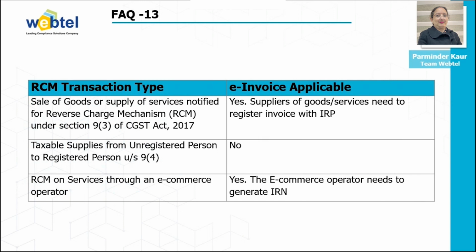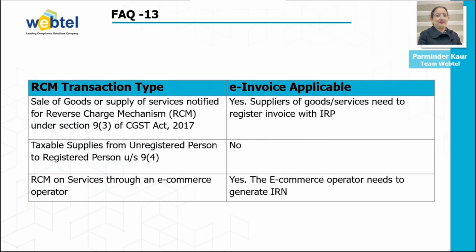Such sale is made by a notified taxpayer covered under the mandate, that is, turnover more than 500 crore, and from January 21 onward turnover should be more than 100 crore. These B2B and SEZ outward supplies under the RCM get covered.